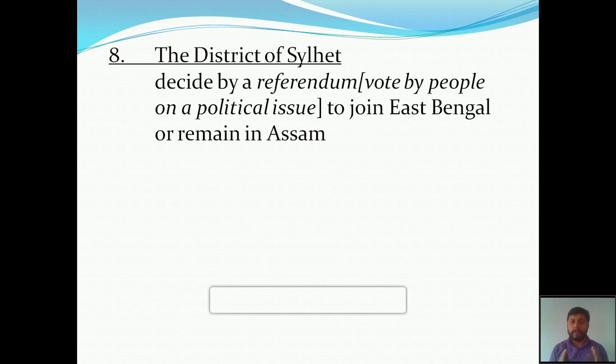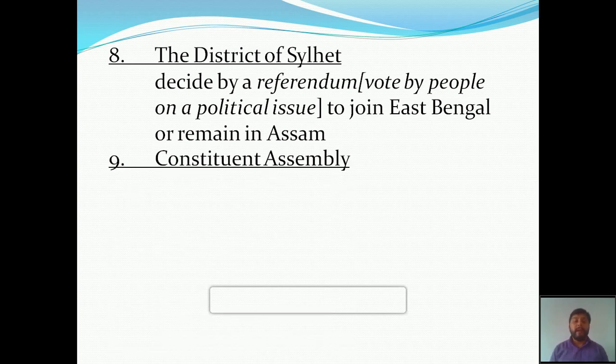So it was a particular concern given to this district, and it will be decided by the decision of the people, finalized by casting votes. That's what is meant by referendum. A referendum means people can cast their vote on a political issue. So it was the eighth provision introduced by the Mountbatten plan.